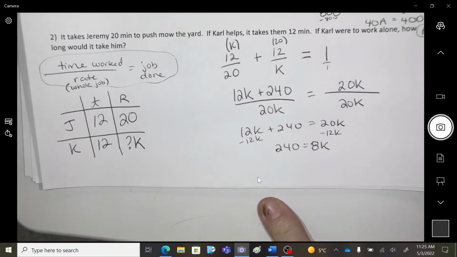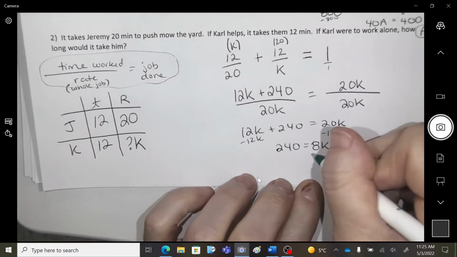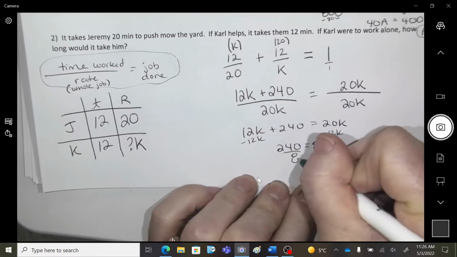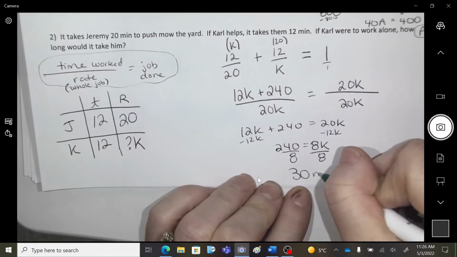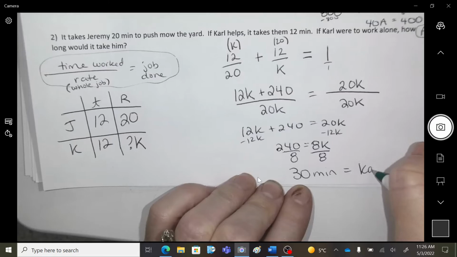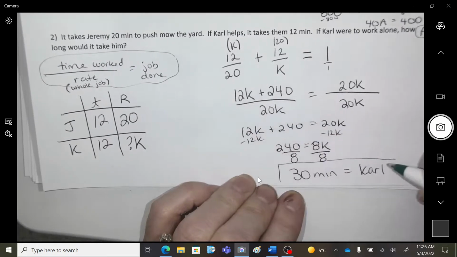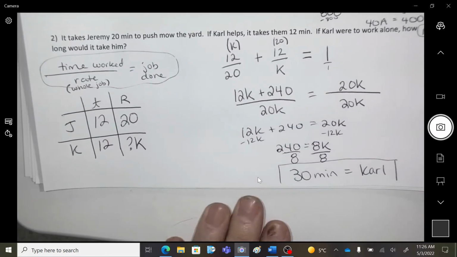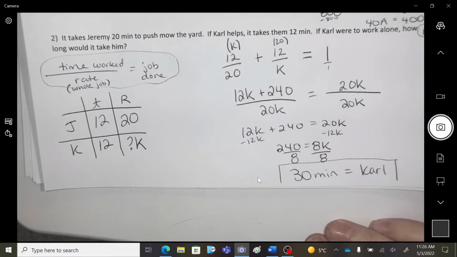And then I'm going to divide to get k alone. So if Carl was going to work all alone, it would take Carl 30 minutes to do the lawn, slower than Jeremy.